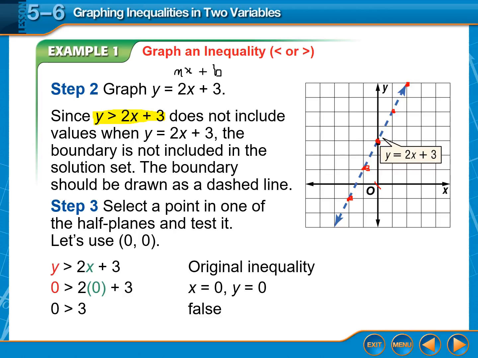So we picked 0, 0 on this half of the line, but it wasn't true, which means that if this side is not true, all of my possible values that are true for this inequality must be on the other side of my graph. So I shade in this side of the graph because the side with 0, 0 wasn't true, which means everything on the other side of the line should be true for our particular inequality.